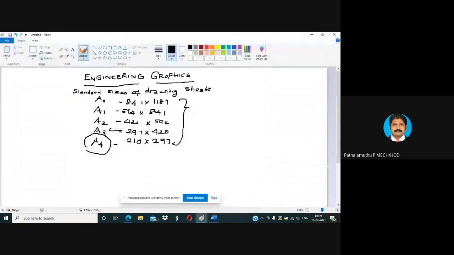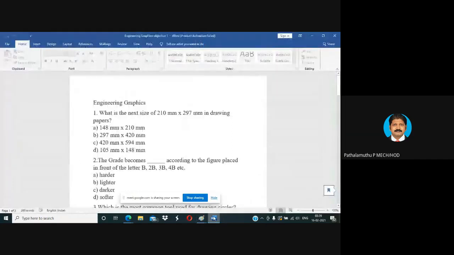Okay, second question. The grades become, according to the figure placed in front of the letter B, 2B, 3B, 4B.